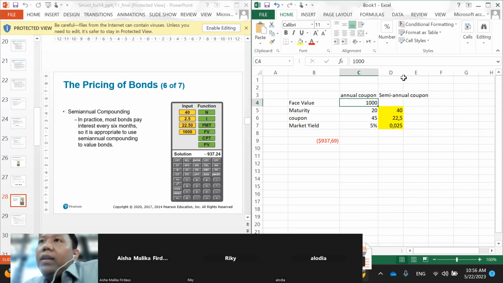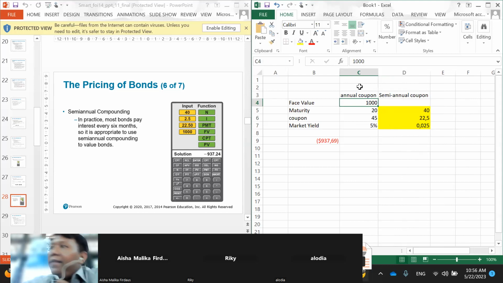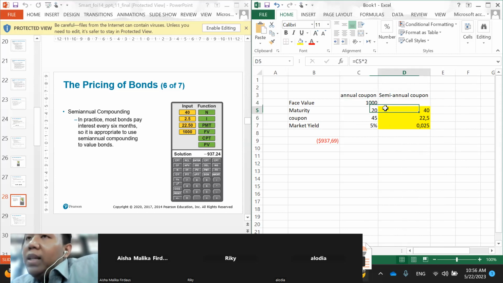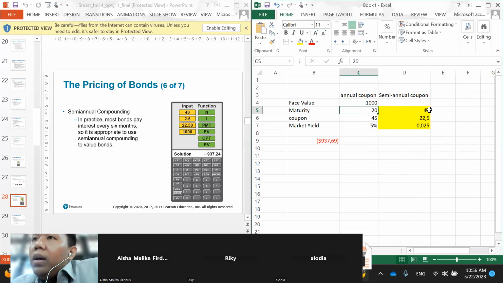In case we have a semi-annual coupon, we will need to make some adjustment. The maturity will be longer. It will be 40, because we are having a coupon payment twice a year. So the payment maturity will be double.